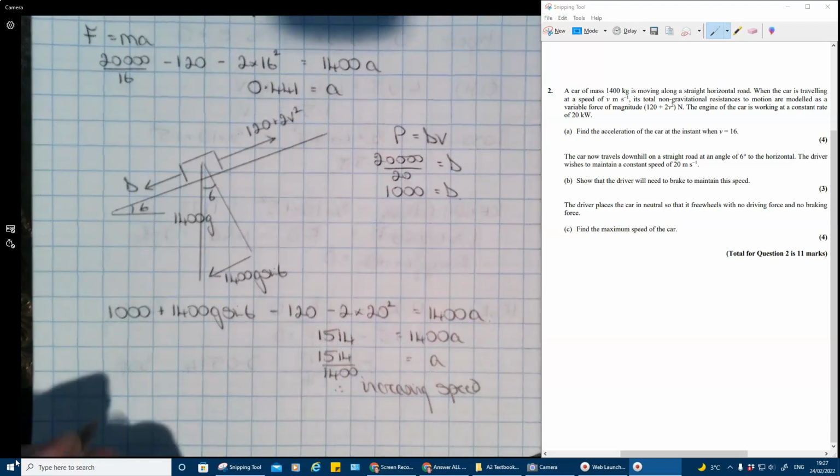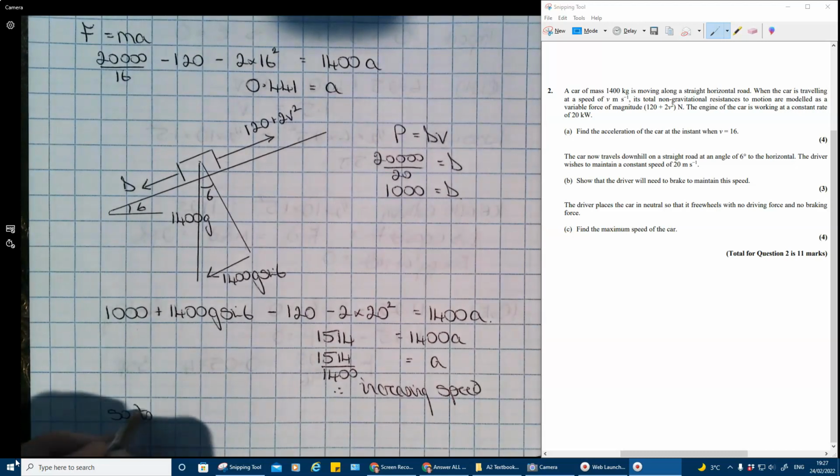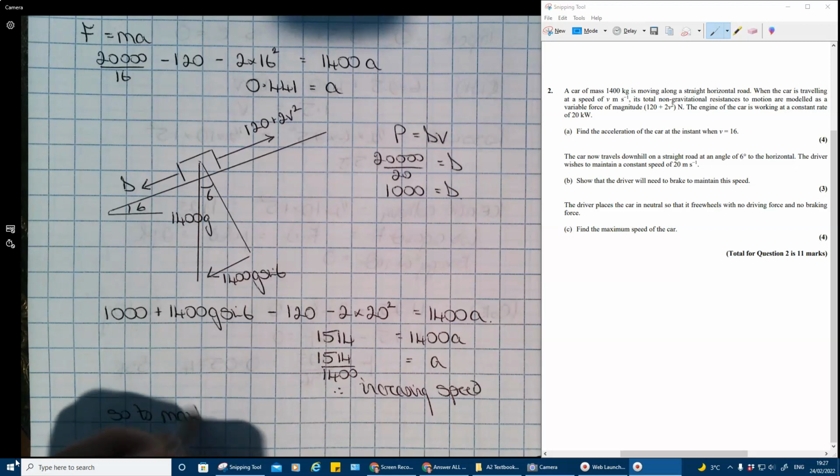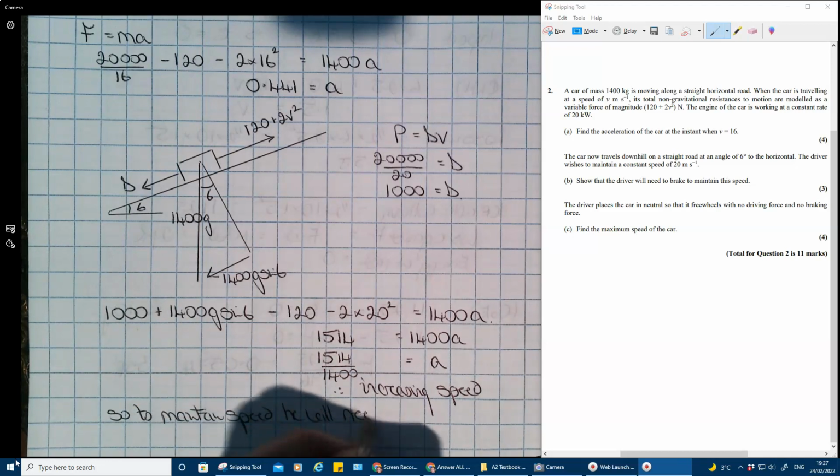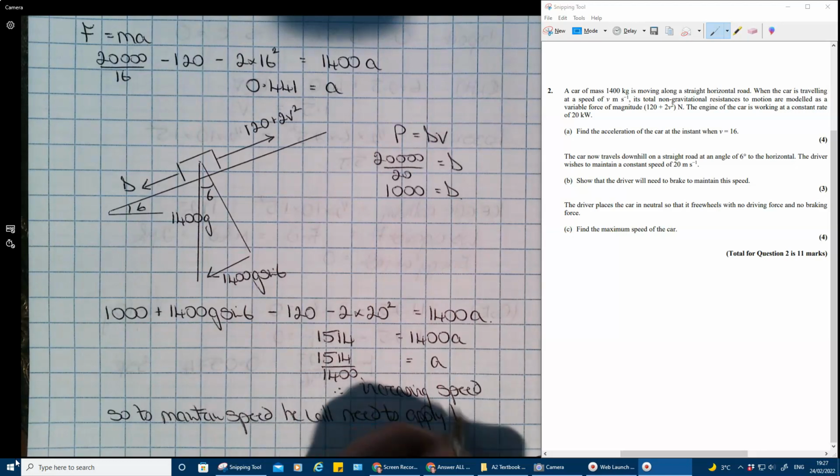So to maintain speed, he will need to apply the brakes.